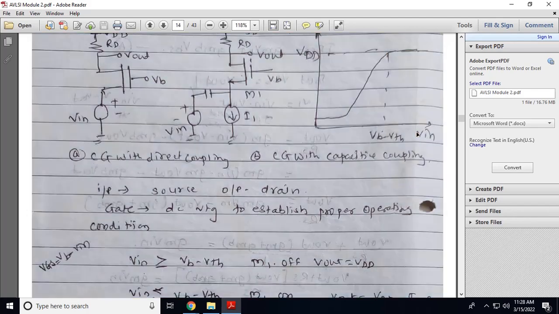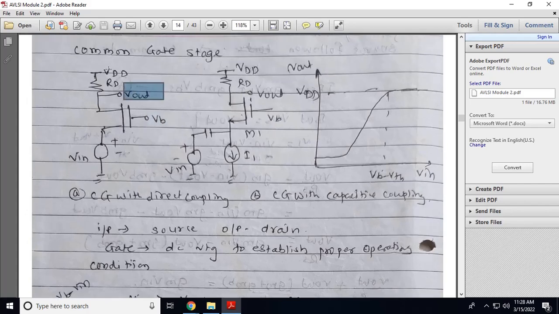So when input is greater than VB minus VTH, the source voltage is more positive as compared to the gate voltage, so transistor M1 is turned off and output is equal to VDD. For this region, when Vin is less than VB minus VTH, the source voltage is less than the gate voltage, so the transistor will turn on and output Vout is equal to VDD minus the drop across RD.